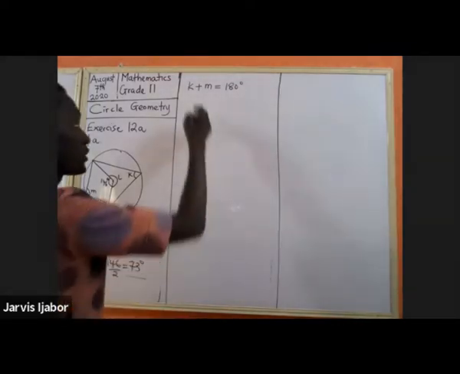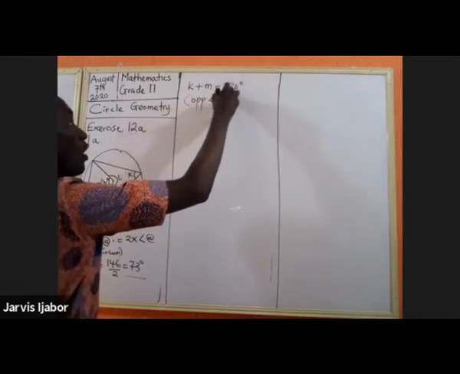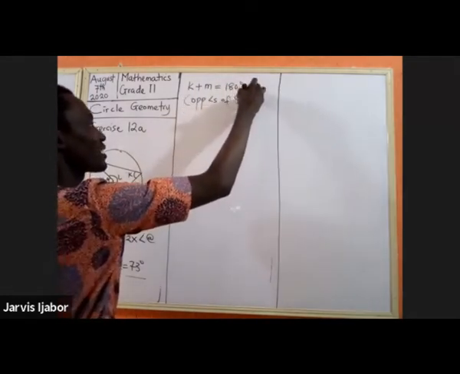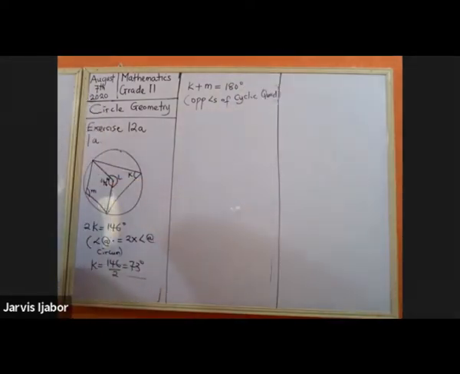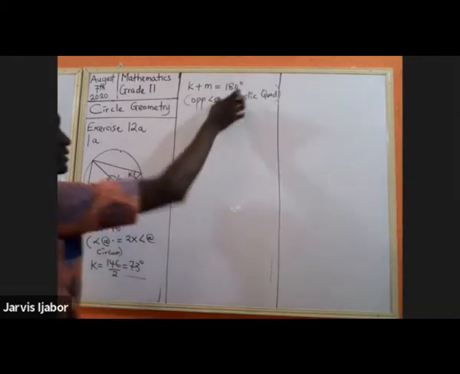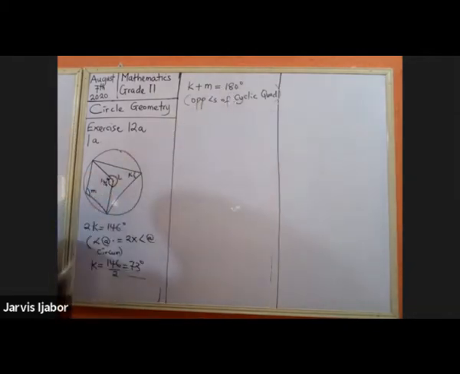What is the reason for that? Opposite angles of a cyclic quad. Please take note of these things I'm writing, because these are where your marks lie. Your marks will lie in your ability to do what? Note this reasoning.